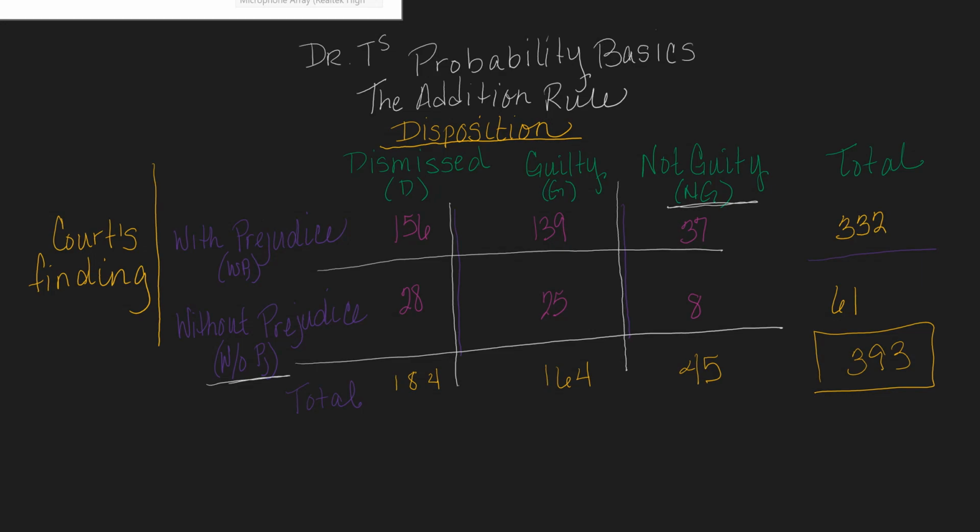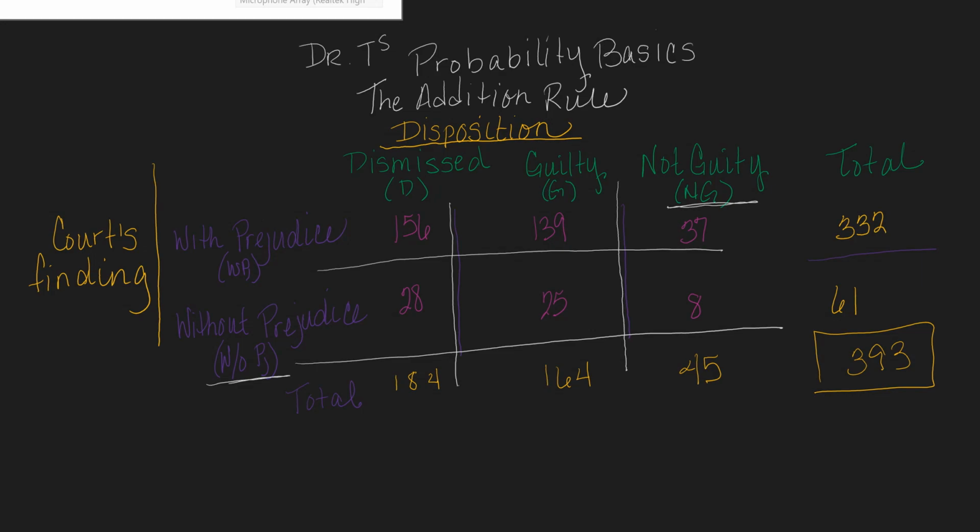Now, because the defendant's case can be disposed as guilty or not guilty, with or without prejudice, the events are not mutually exclusive. You can be found not guilty with prejudice or not guilty without prejudice.